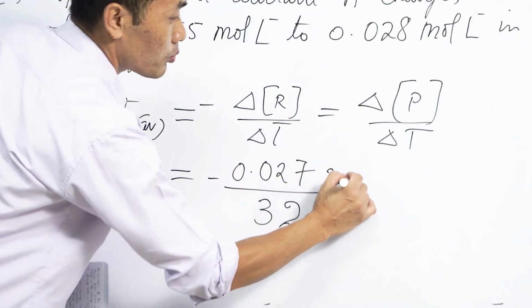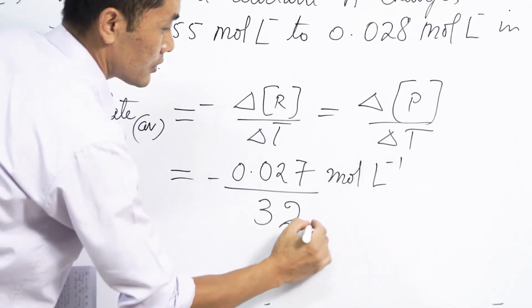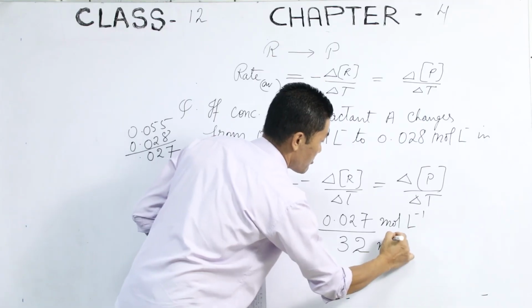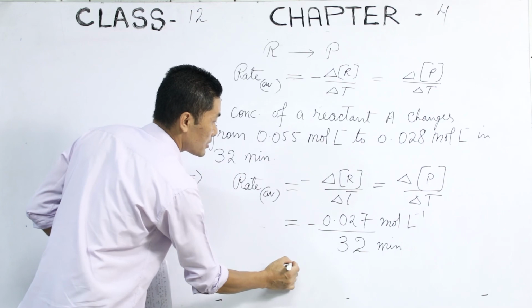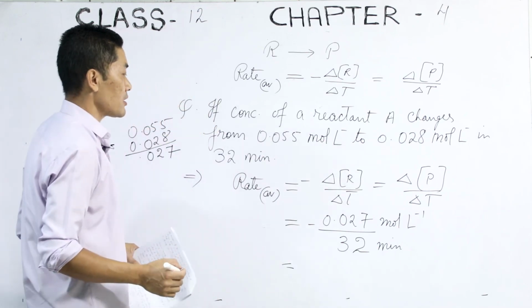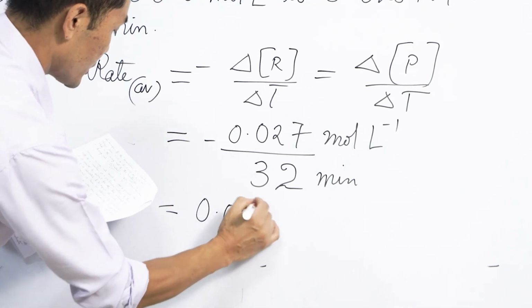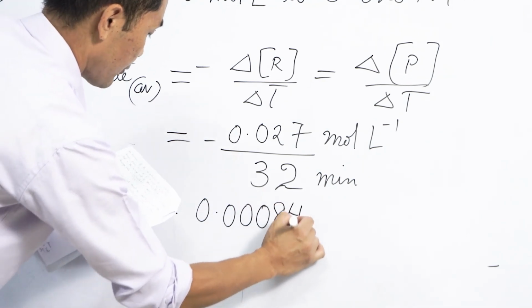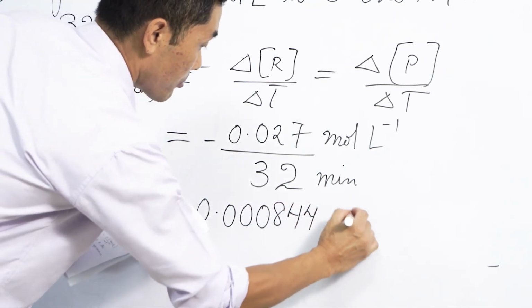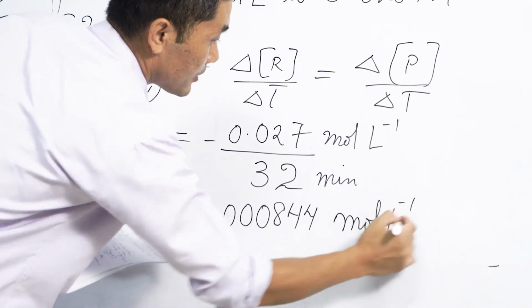Concentration is given in mole per liter. Time is given in minutes. So 0.027 divided by 32 should give us 0.000844 mole per liter per minute.